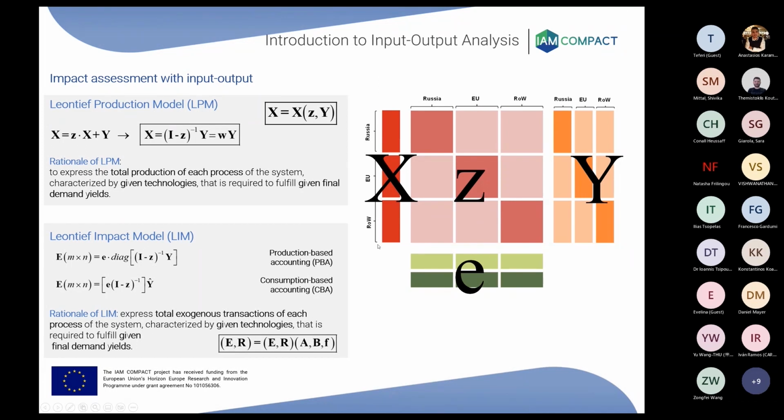And of course, once this total production or total activity by each sector in each region is defined, it is also possible to derive the exogenous or environmental transactions, for example CO2 emissions, water use, land use, and other environmental transactions between nature and the economy.